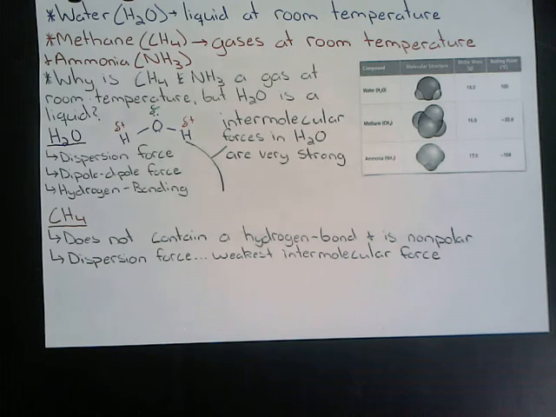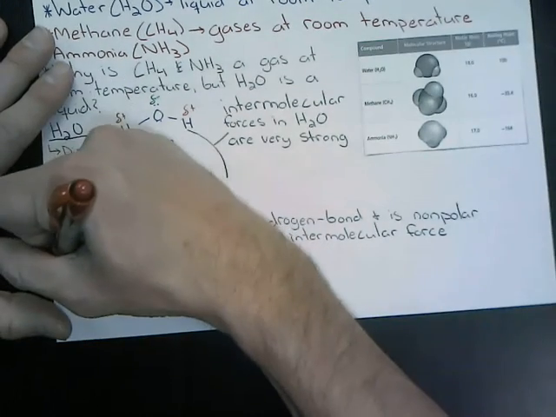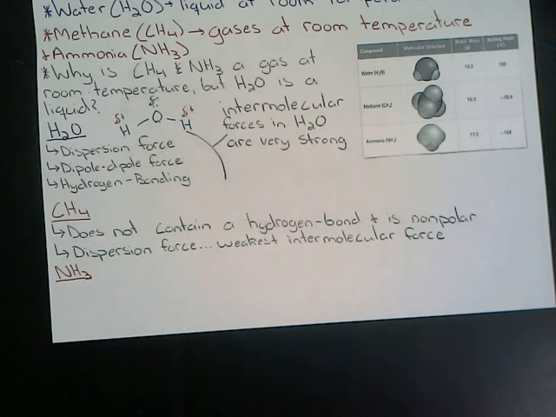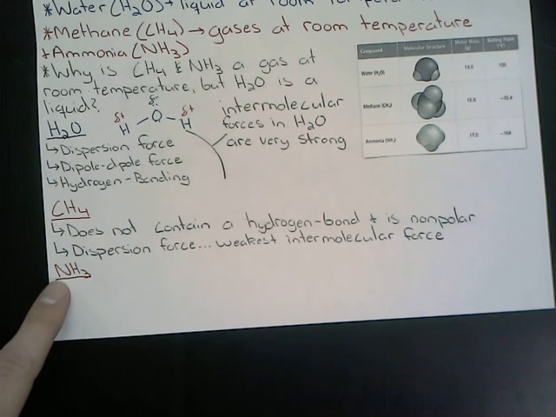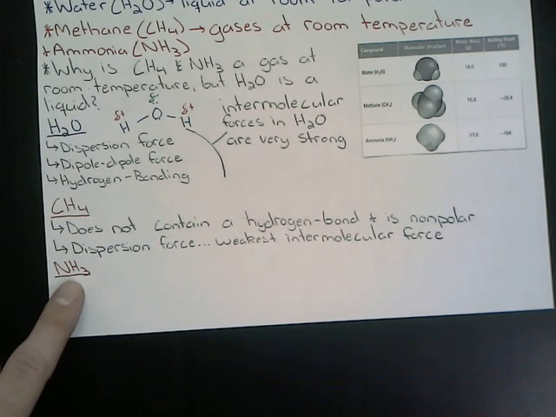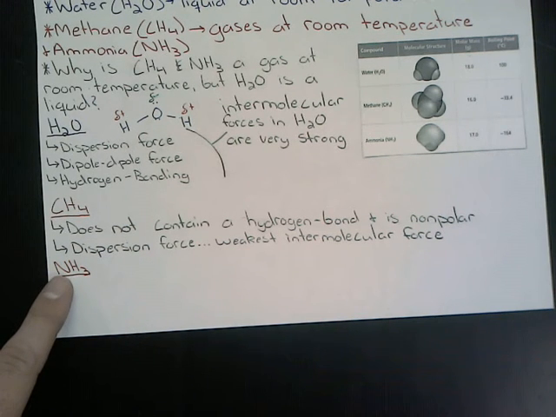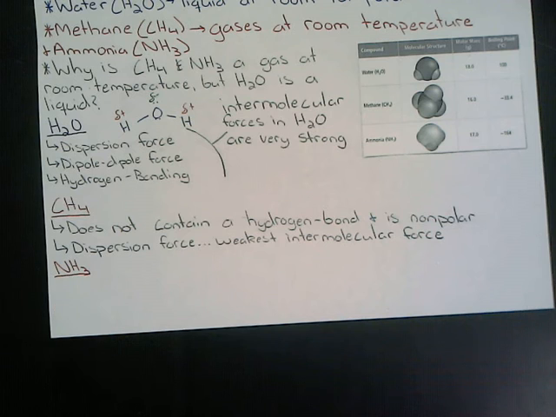But now we need to get to NH3, ammonia. And this is kind of a unique case here. Well, let's remember that ammonia is going to contain an H with one of these FON elements. So NH3 is going to have hydrogen bonding.